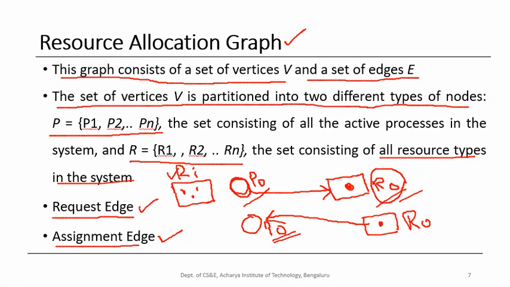There could be two different types of edges: a request edge, when the process makes a request for a particular type of resource, so there will be a request edge between them. If a resource is allocated to the process, then there will be an assignment edge between the resource and the process. So now let's look at a resource allocation graph and try to understand what it represents, right?